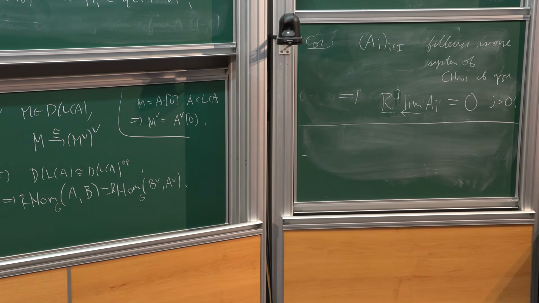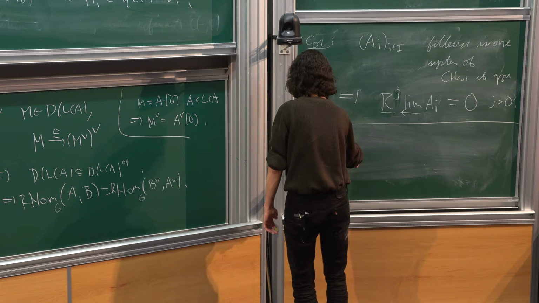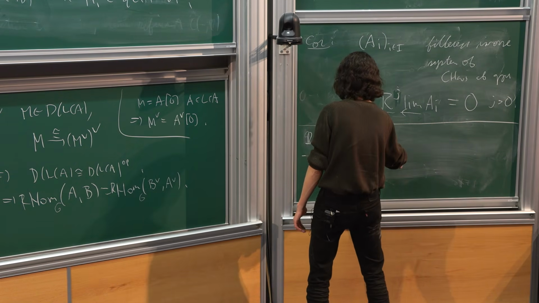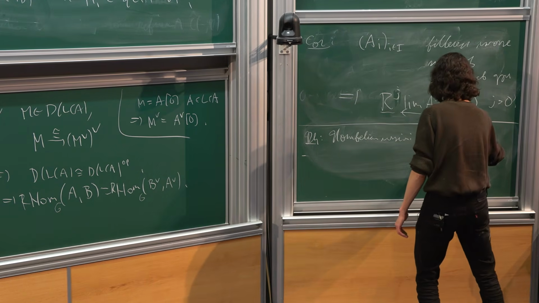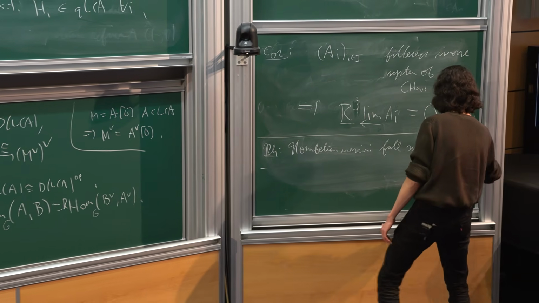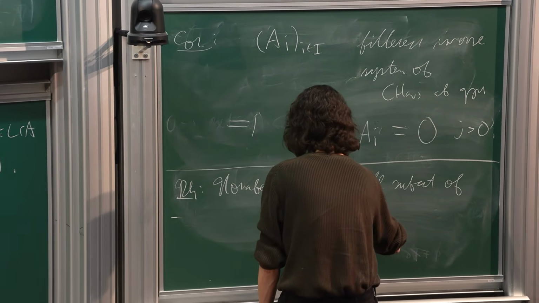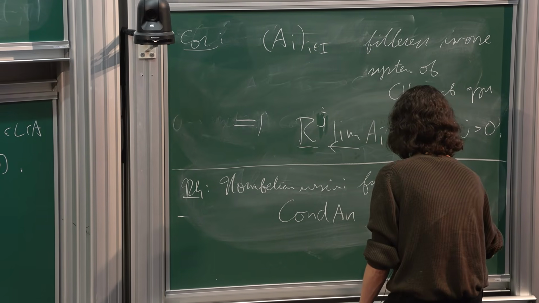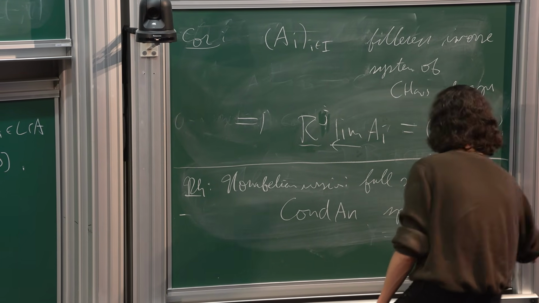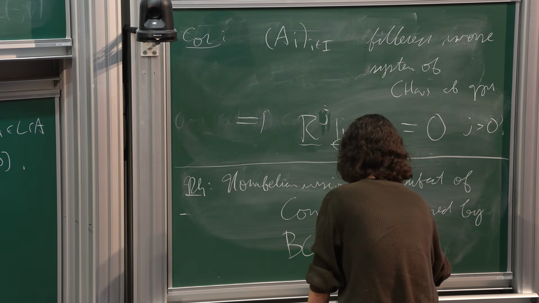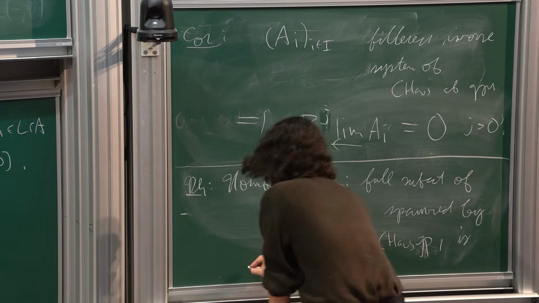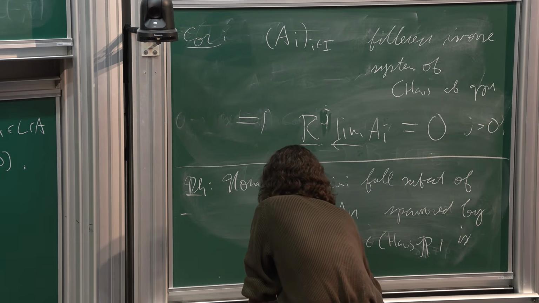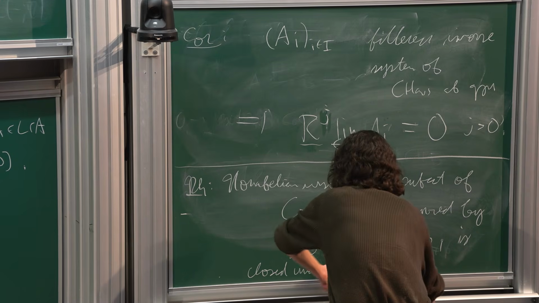Okay. Right. So, let me make a remark that there's also the non-abelian version. The full subcategory of condensed groupoids, or let me just say condensed anima, spanned by the BG for G a compact Hausdorff group, is closed under filtered inverse limits.